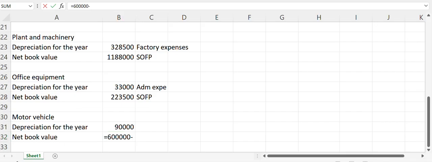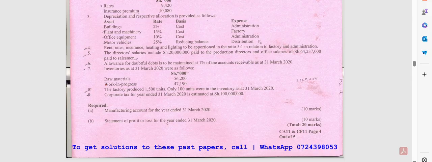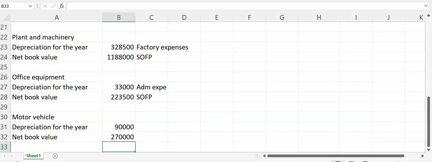So for net book value, then we are going to take the cost, which was 600,000. We subtract the accumulated depreciation, which was 240,000. Then you also subtract the depreciation for the year, which is 90,000. So that is going to be recorded under, they told us motor vehicle is going to be recorded under what? Under distribution.